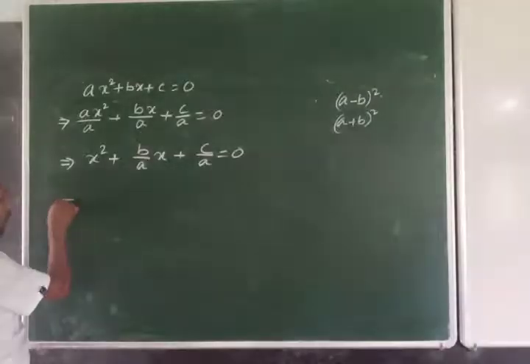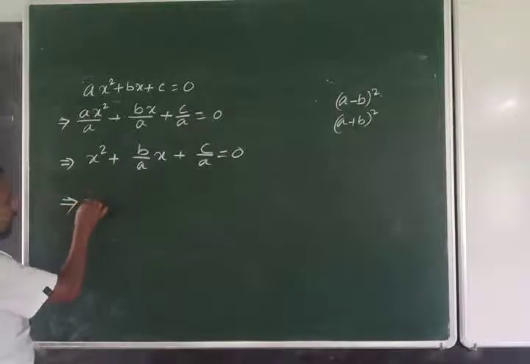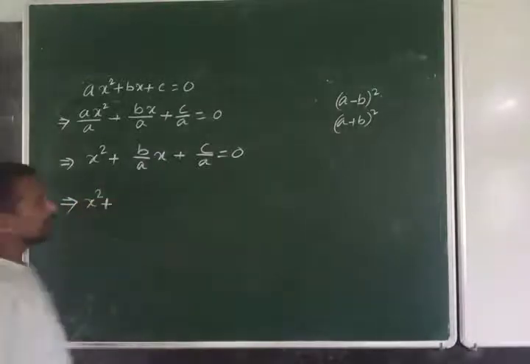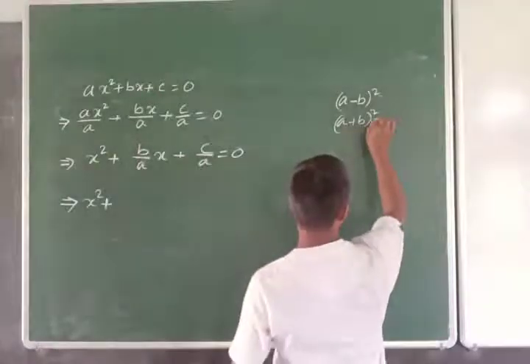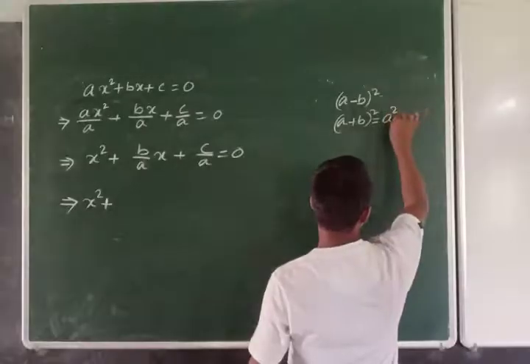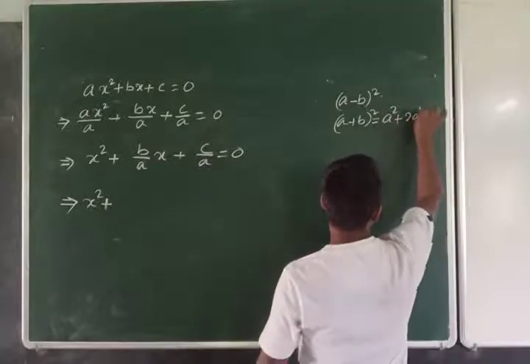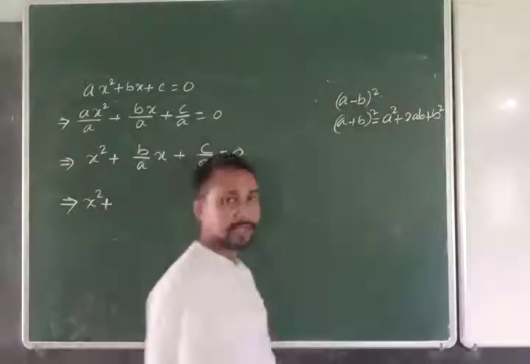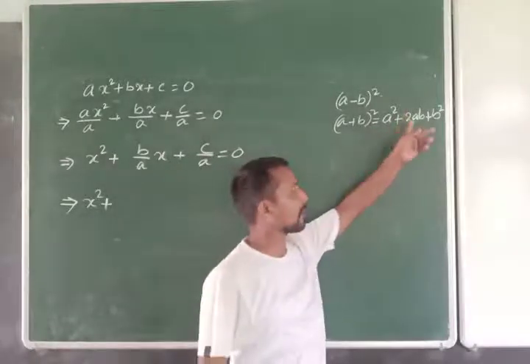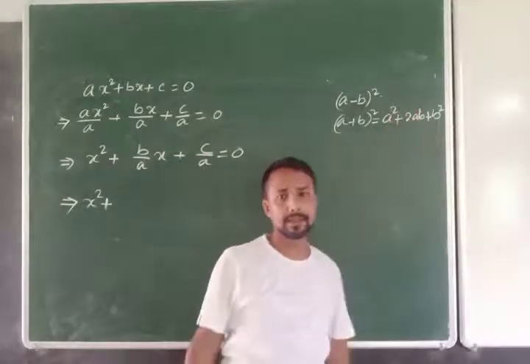Now, x square plus, suppose we expand a plus b whole square, we get a square plus twice ab plus b square, which means after a square the second term is twice ab.